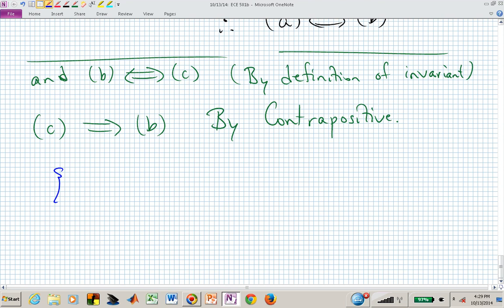In our thinking, we have capital A implies capital B, where little c is capital A, and little b is capital B. What did we assume in a contrapositive argument? You remember? We negate the result and then use that to show the negation of the first statement.